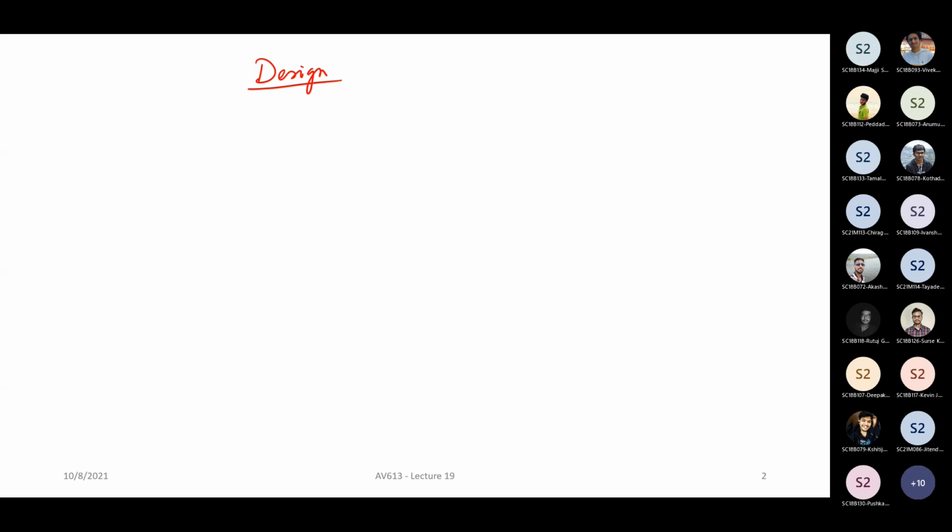And in order to do design, I want all of you, this is something that you have already done as part of your earlier assignments, to generate an ID versus VGS curve, right? And also a gm versus VGS curve.